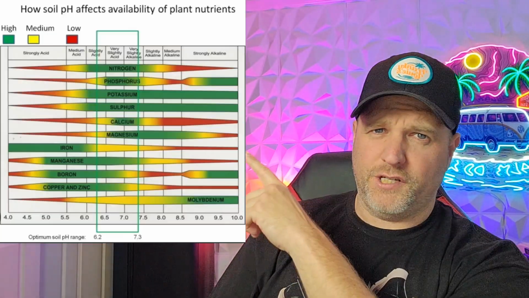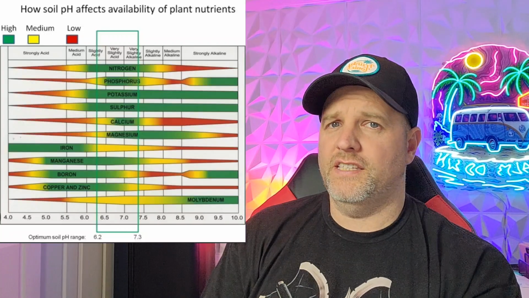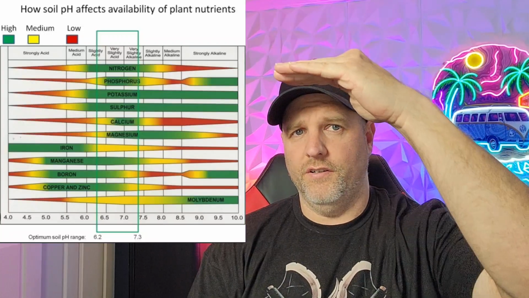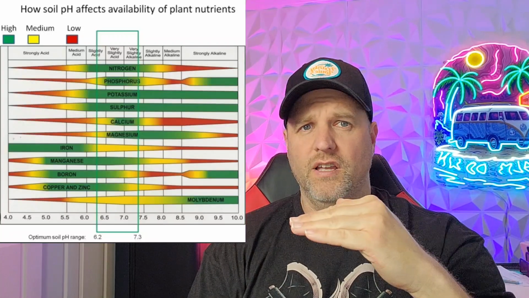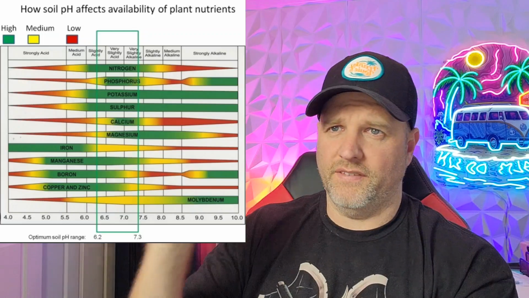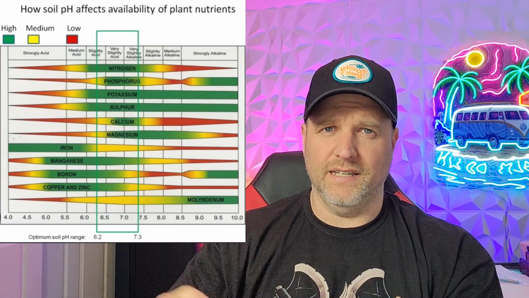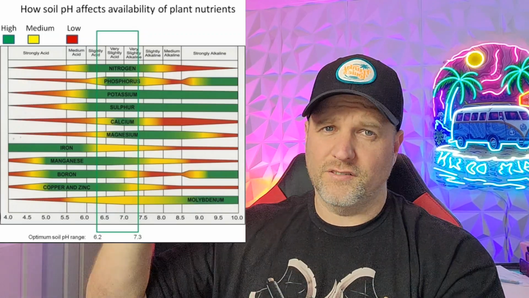Now we're going to talk about what the pH range of the soil is. So these plants work off of, actually here, let's put up a little graph right there. As you can see in this graph, all the different nutrients and supplements are in there. You see nitrogen, phosphorus, potassium, magnesium, iron, sulfate.